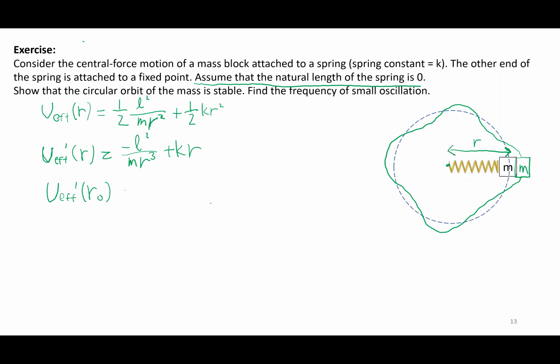So the circular orbit has this radius r0, which is given by this expression here.